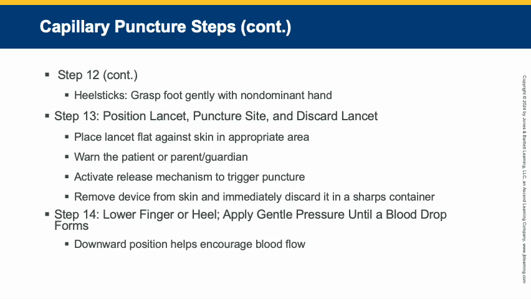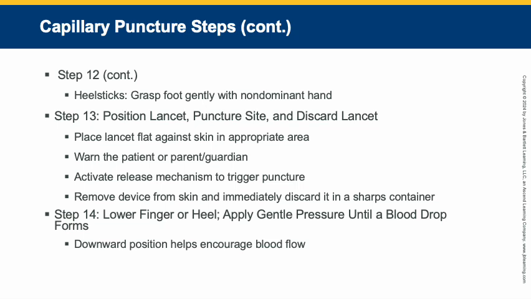Step number 14, lower the finger or heel and gently apply pressure until a blood drop forms. Position the appendage downward, applying gentle pressure toward a heel puncture site or proximal to a finger puncture site to encourage blood flow. Hold an adult finger with your fingers on top and your thumb against the pad.